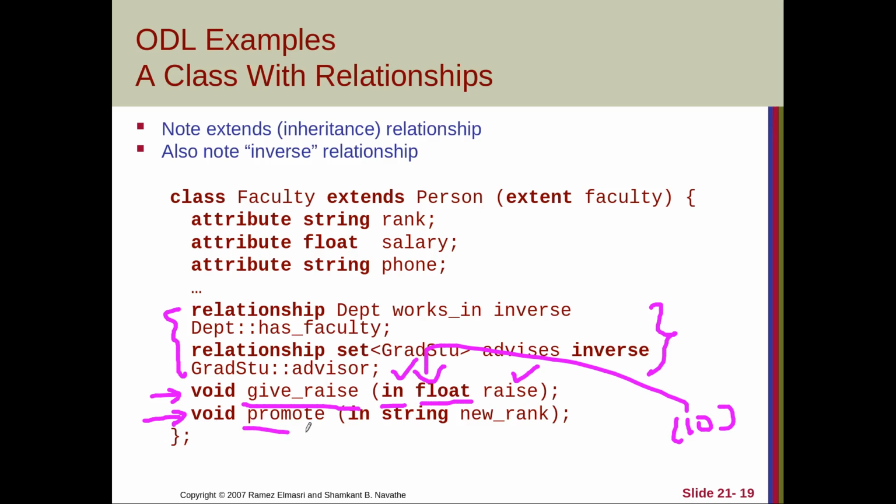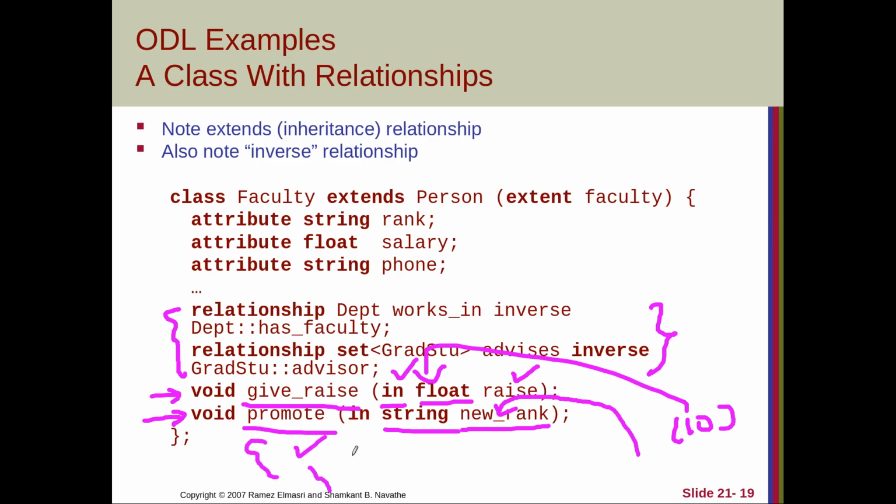Similarly we can see another operation which is promote, which receives a new rank parameter of string type, which is also taken from the caller operation. That value will be taken from caller into callee. That means from outside that value will be coming into the promote operation, which is considered as the parameter here. Accordingly, the body of this promote operation will be executed.